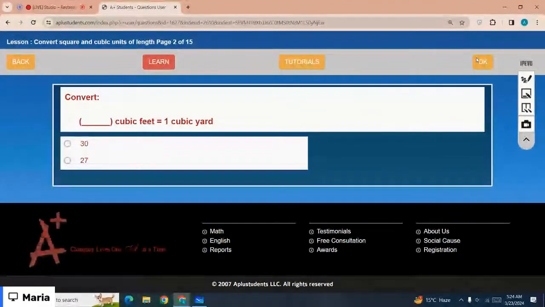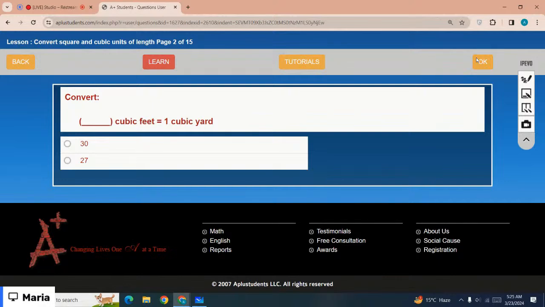1 cubic yard equals how many cubic feet? Okay, 1 cubic yard, right?